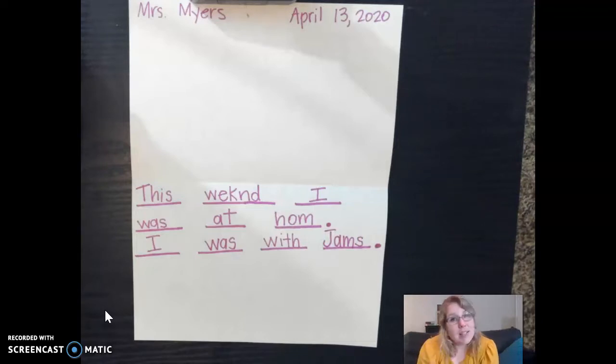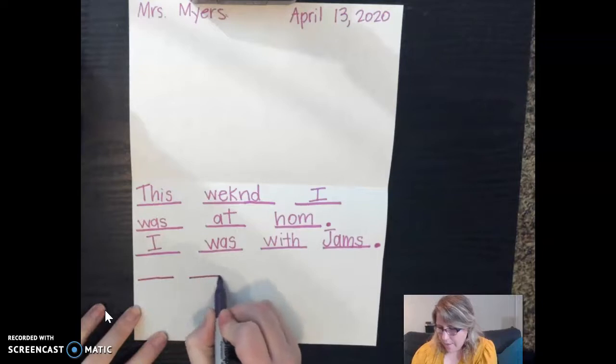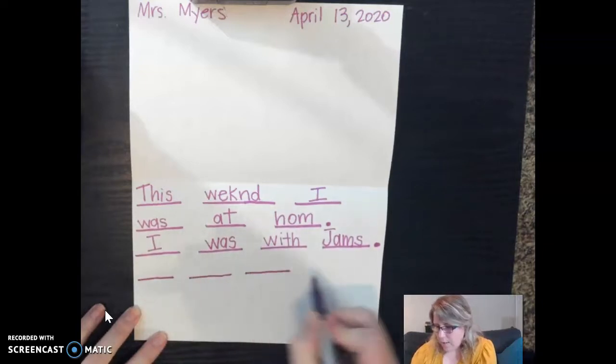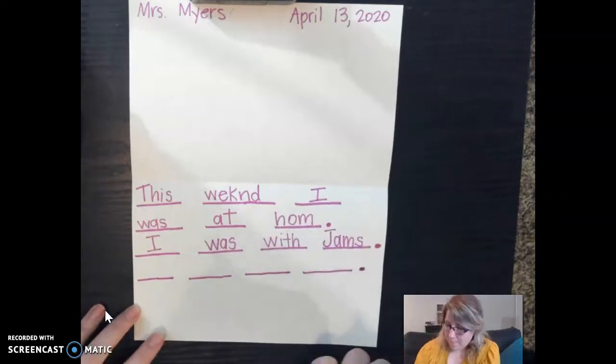Now, I need to think of the next thing that I did this weekend. I found Easter eggs. Did you find any Easter eggs? I found Easter eggs. 4 words, 4 lines. I found Easter eggs. Don't forget your period.